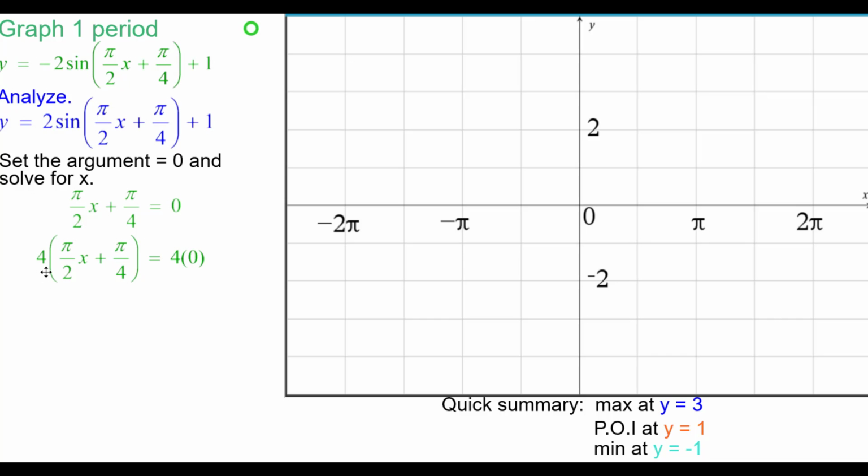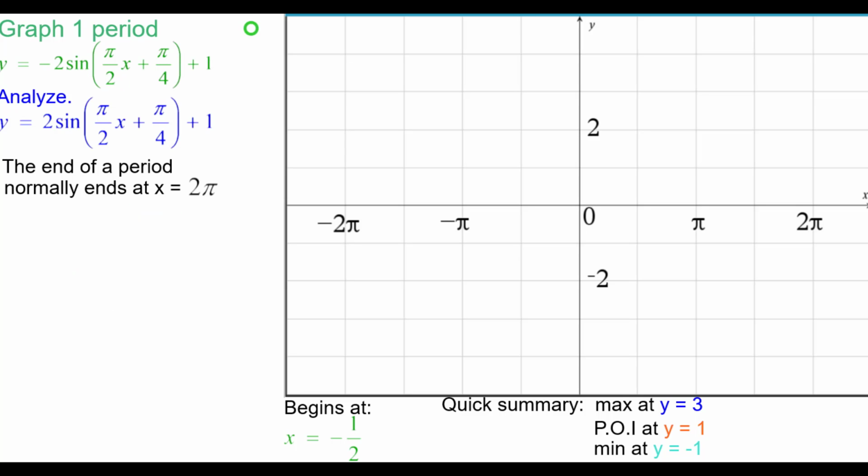We're going to multiply each term by 4 on each side to clear out the fractions. Subtract pi from each side, and then divide each side by 2 pi. And our period is going to start when x is equal to -1/2. The end of the period normally ends when the argument's equal to 2 pi.